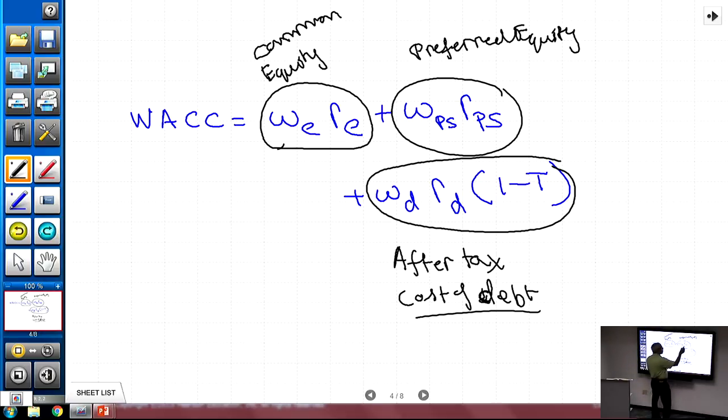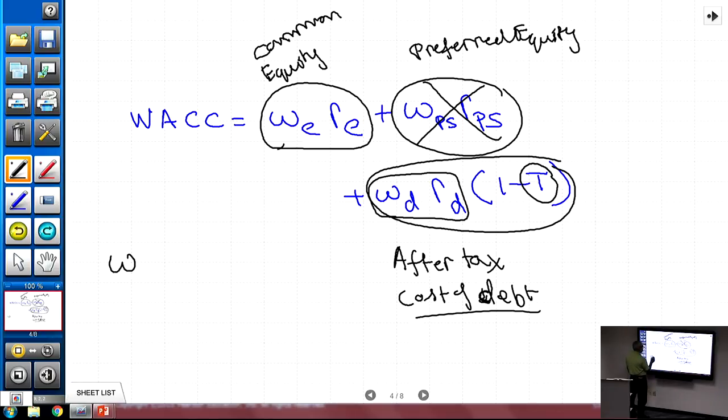If there is no preferred stock, then of course this will drop out. And if the firm does not pay any taxes, then this will simply be WERE plus WDRD. But this is the general formula, and then accordingly you have to make adjustments. Also note that if you do have preferred stock, then WE plus weight of preferred stock plus weight of debt will equal 1.